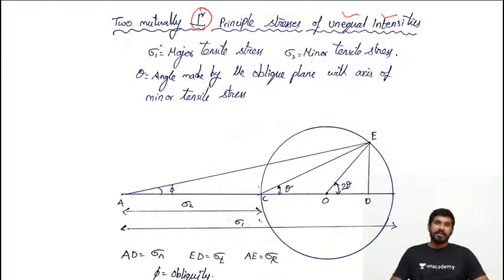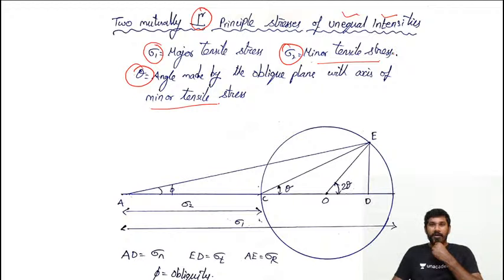Sigma 1 means major tensile stress, sigma 2 represents the minor tensile stress, where theta is the angle made by the oblique plane with the axis of minor tensile stress. Because most of the students will make a mistake at this point, right?